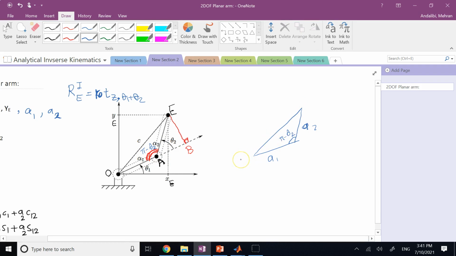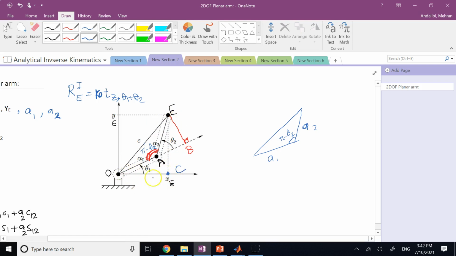And what is this third side, which is shown here by C? Well, if you look at this triangle OE and this point here, maybe you call it point C. If you look at OEC, which is a triangle, you see that OE squared is OC squared plus CE squared.